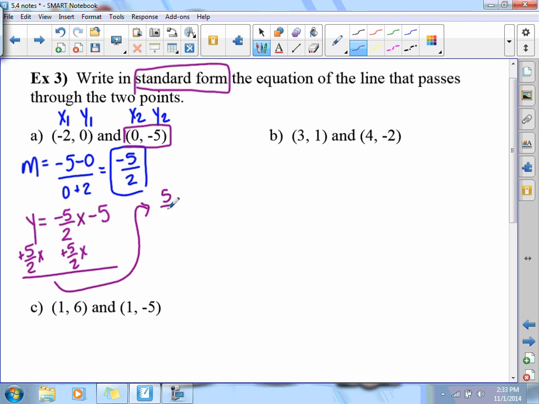So I'll have 5/2 x plus y equals negative 5. So now I have my x and my y on the same side, but I've got a fraction. So I'm going to have to multiply everything by 2. So that will give me 5x plus 2y equals negative 10. Now my equation's written in standard form.